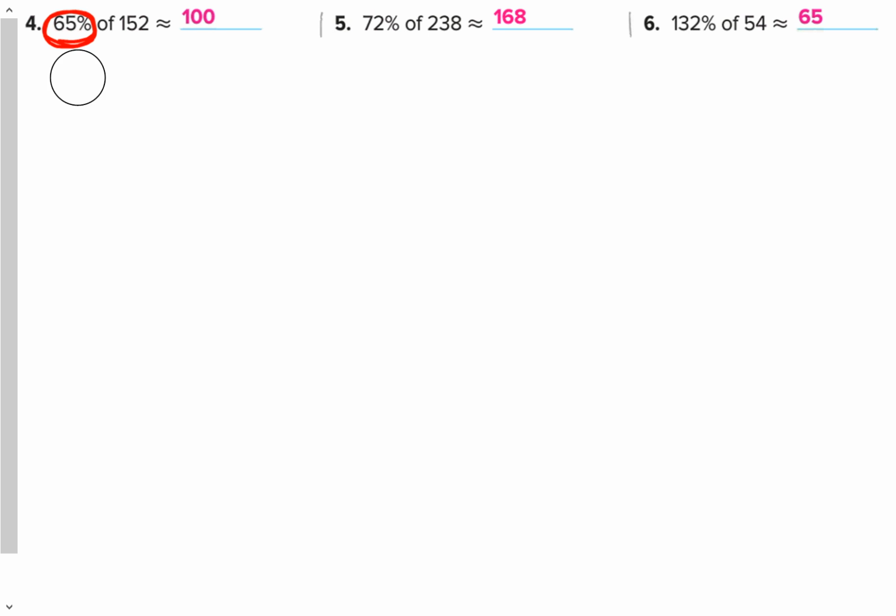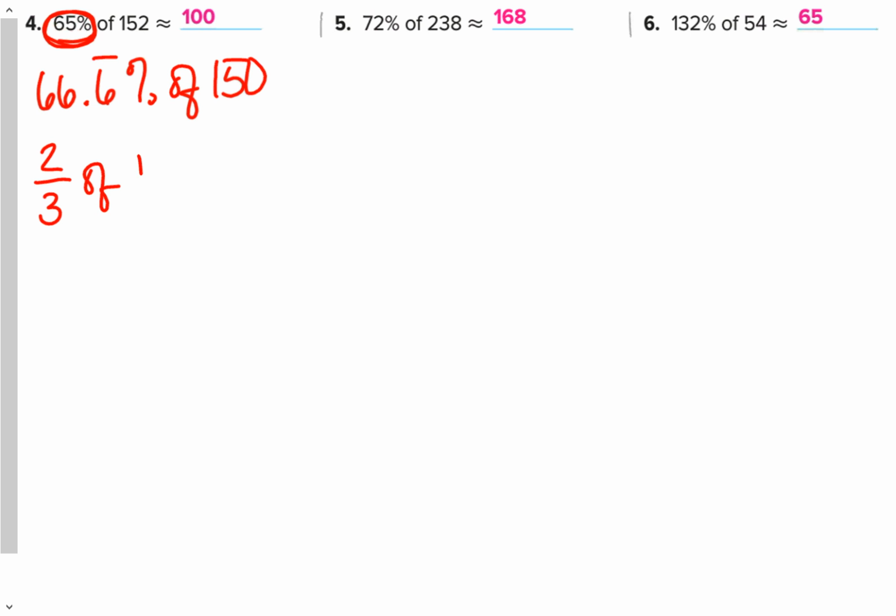I do like the fraction, 66.6 repeating percent of 150. The reason why I chose this is because 66.6 repeating as a fraction is actually 2/3. So I would really like to say 2/3 of 150 because that comes out to a nice clean number of 100.